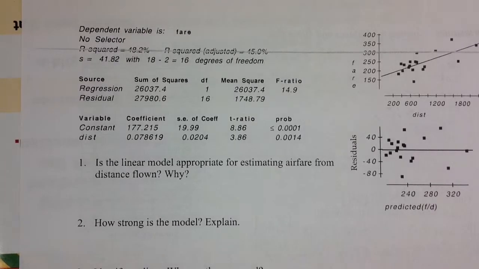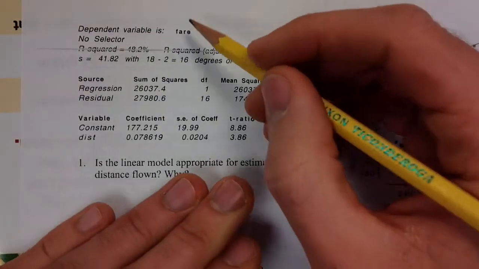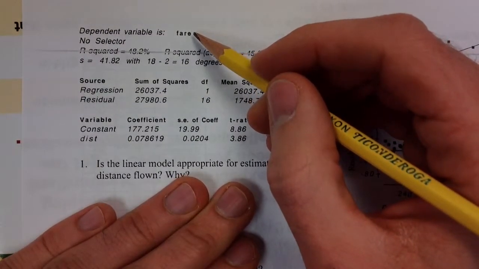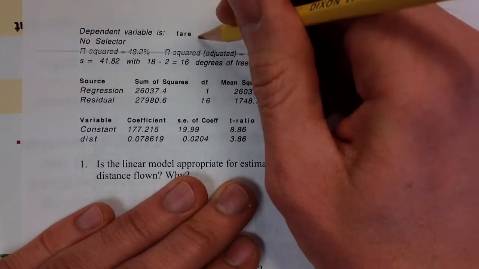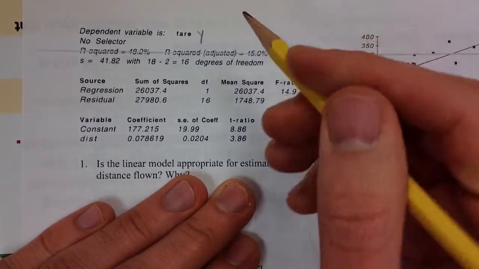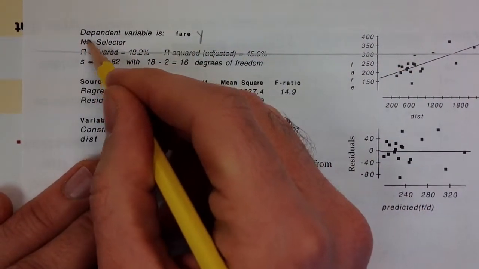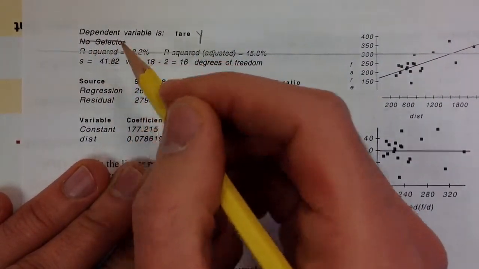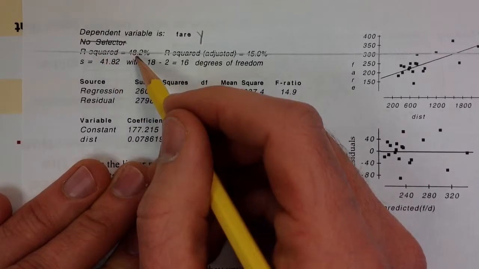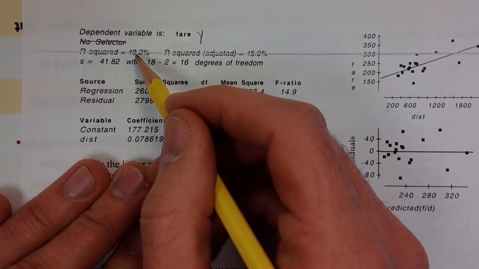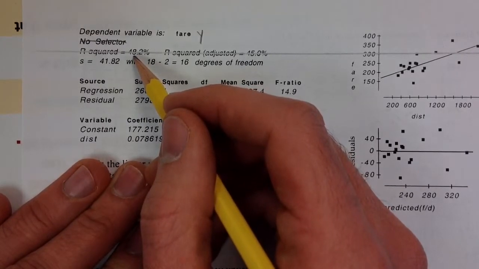So I'll explain several of the items on this output. The first item is your y variable. I think you know by now that a dependent variable is generally considered a y variable. I don't know what no selector means, so obviously you don't need to at this stage. R squared, you know what that is. The proportion of variability in the y variable that is being explained or predicted by the model being used.